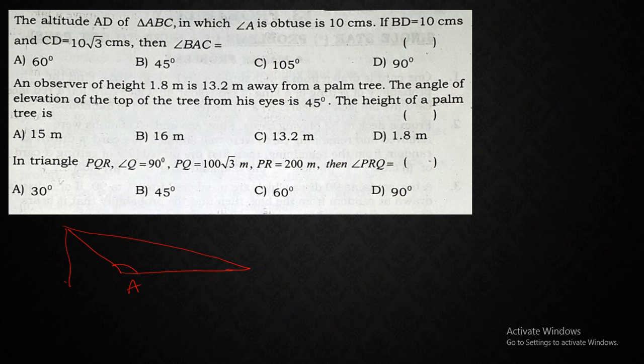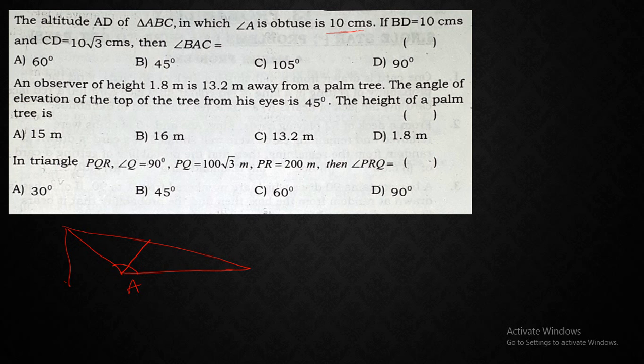So what he has given, in which angle A is obtuse, the altitude AD is 10 centimeters. So from here altitude is drawn. So this is nothing but 10 centimeters, right?